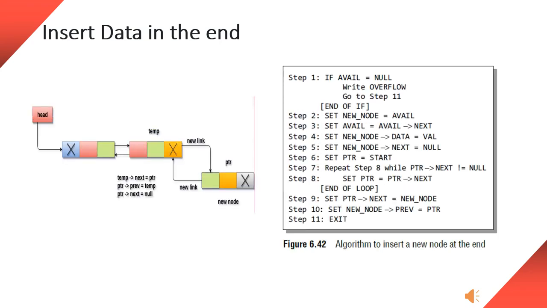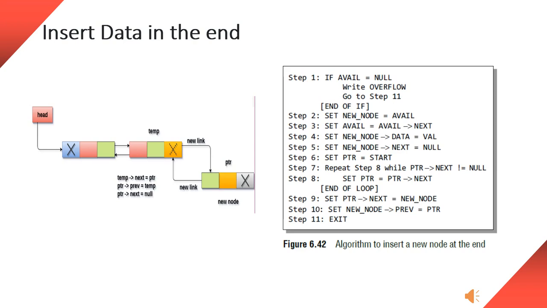Next, we are going to discuss how we can add a new node at the end of a doubly linked list. An algorithm to insert a new node at the end is also shown here. First, we check if the linked list exists. If so, we can check for overflow. That is, if the linked list is already full, we cannot add a node to the linked list. If it is not full, we can add a node to the linked list.